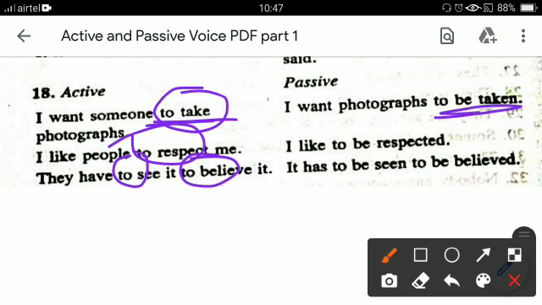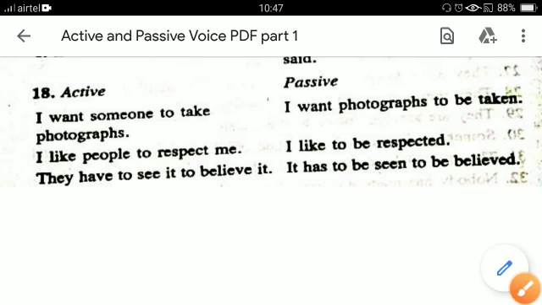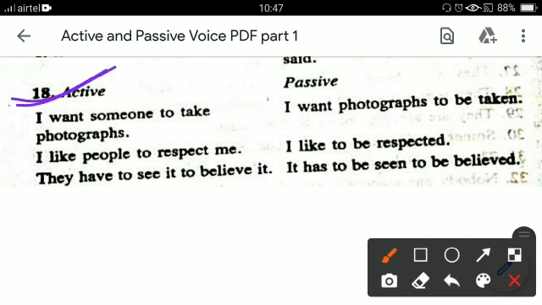To take becomes to be taken, to respect becomes to be respected, to see becomes to be seen, to believe becomes to be believed. Here you have to just pay attention because it is quite different from the other rules and formulas. I want someone, okay, I want someone to take photographs.